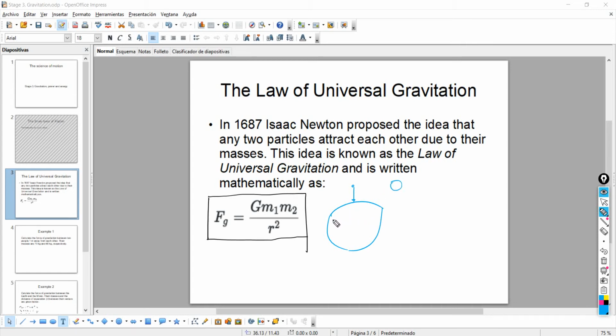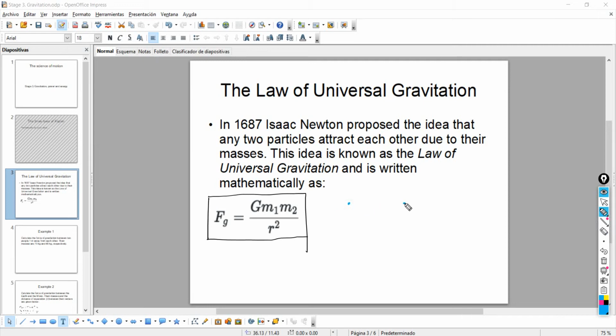And after a lot of mathematical study and a lot of reasoning, and I mean a lot, he came to the conclusion that any two particles, they don't have to be planets or satellites or anything like that. He went general. He said any two particles, which I'm going to represent by these two little points.